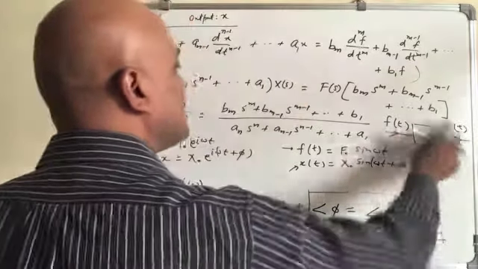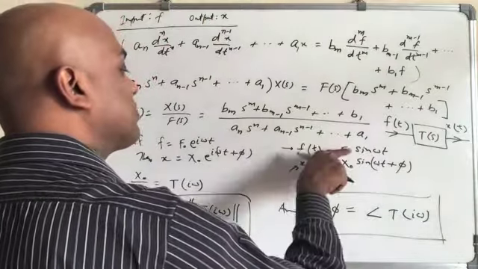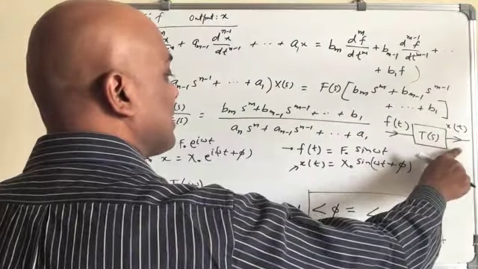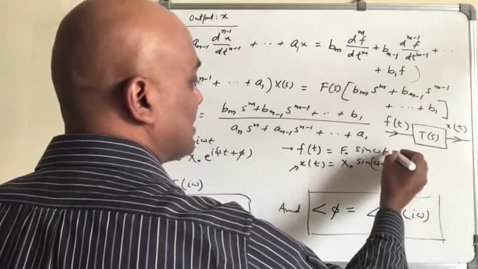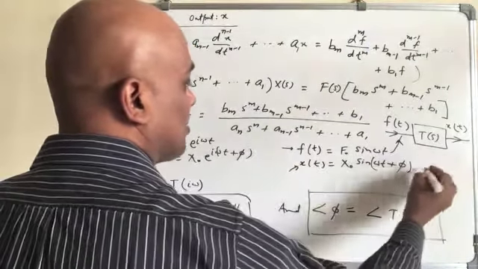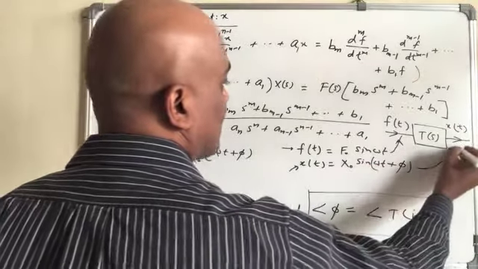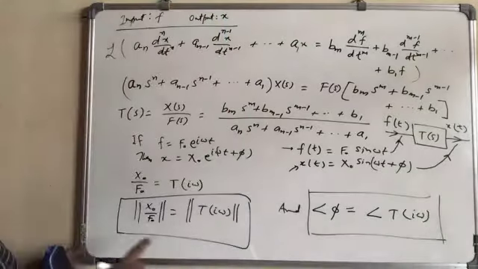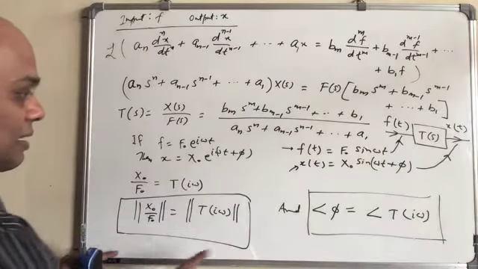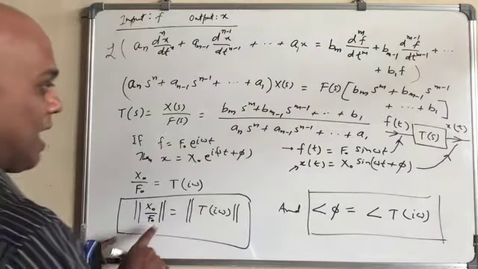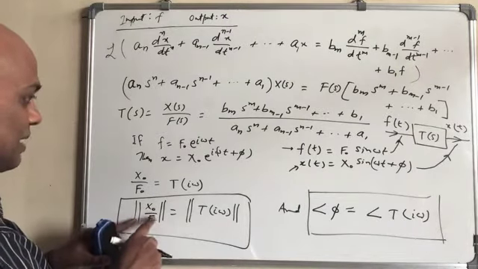So if this is the system, and the input is f_0 sin ωt, the output will be x_0 sin(ωt+φ), where φ is given by this, and x_0 is given by this.